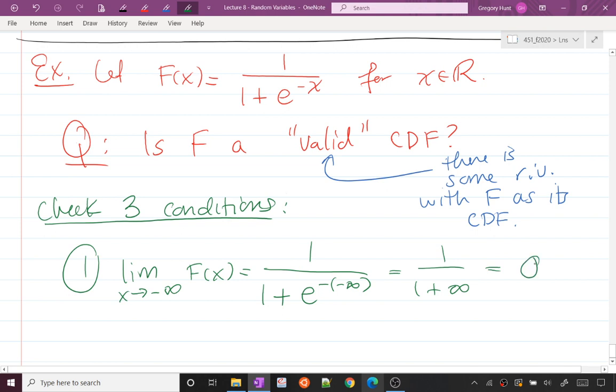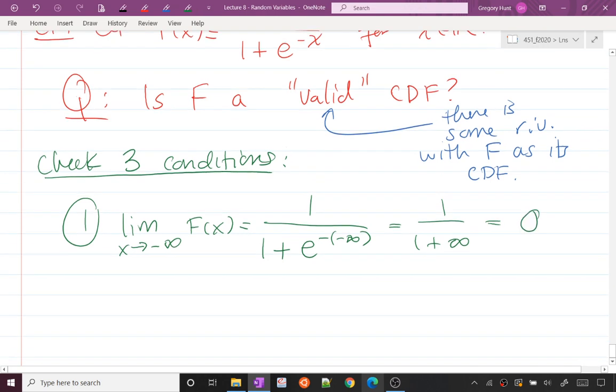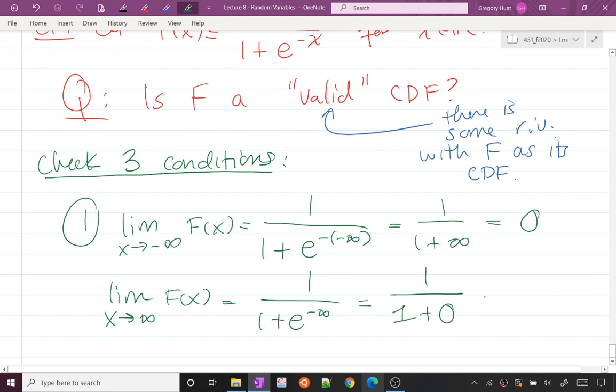That looks sure like it's going to go to 0, right? And similar kind of thinking, if we send x to infinity, that's like 1 over 1 plus e to the negative infinity. As x goes to infinity, e to the negative infinity is basically 0.